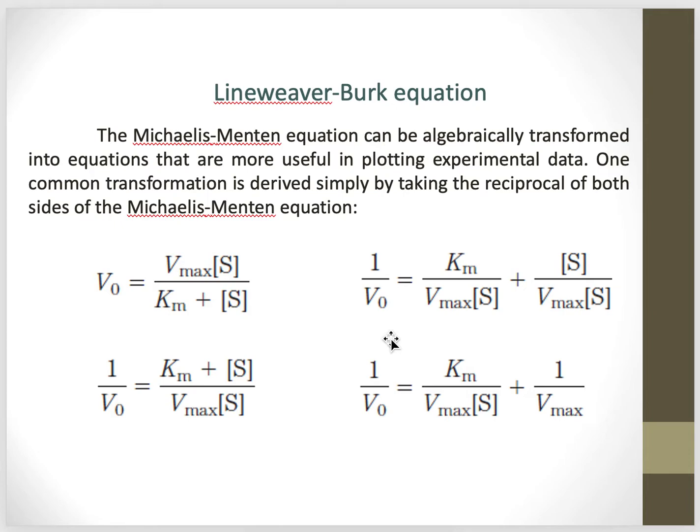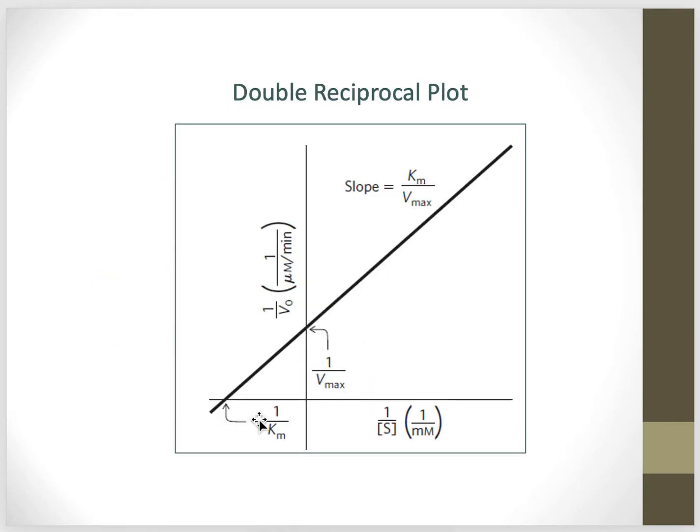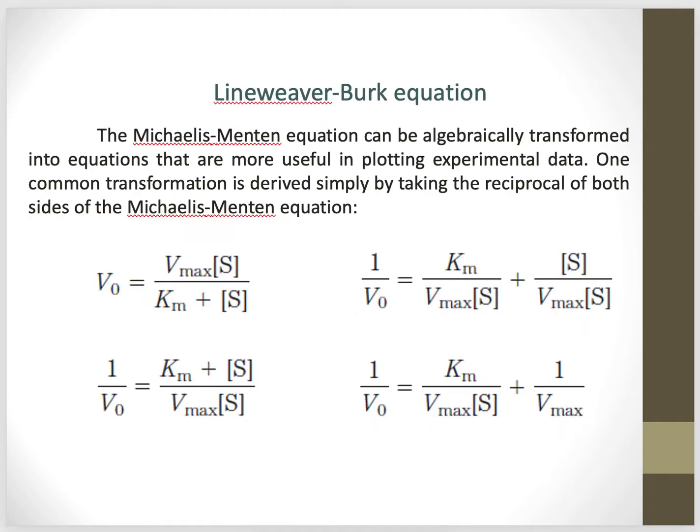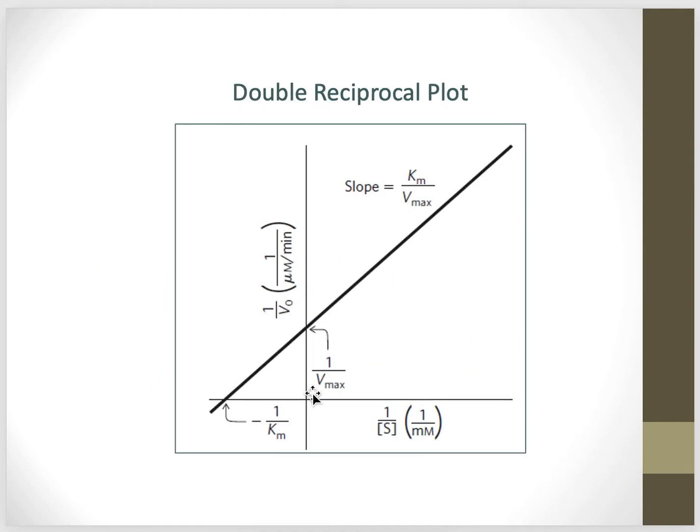What was the straight line equation? y equals mx plus c. So that's why, if we plot in the graph, on the x-axis we take 1/substrate concentration, and on the y-axis we put 1/V0, then it will give a straight line.